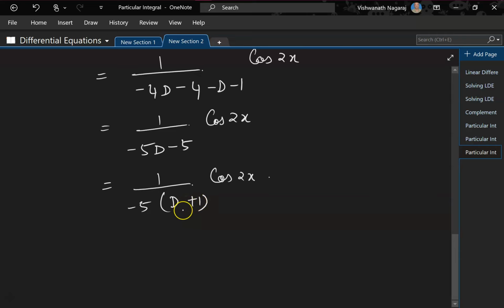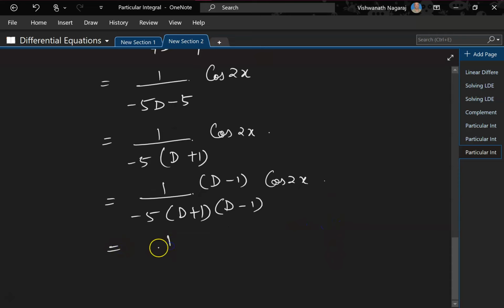Now we can't directly do this. We need to convert this into some form where we can work on it. So let's do one thing: −5 times (D + 1), let's multiply it with (D − 1). So the numerator also gets (D − 1) cos 2x.